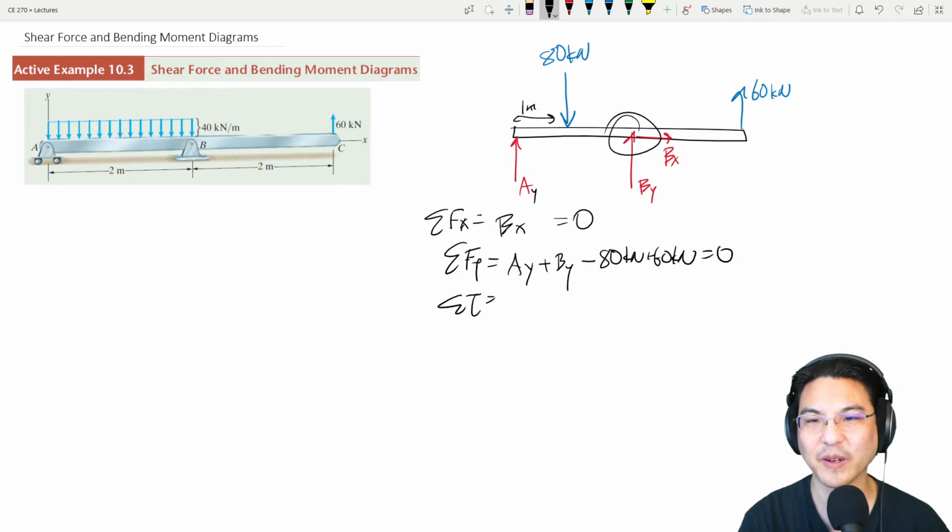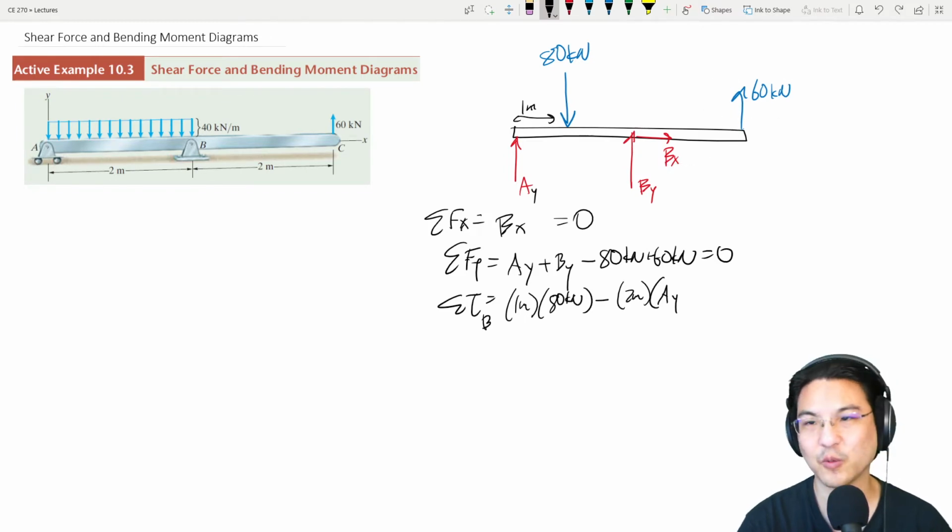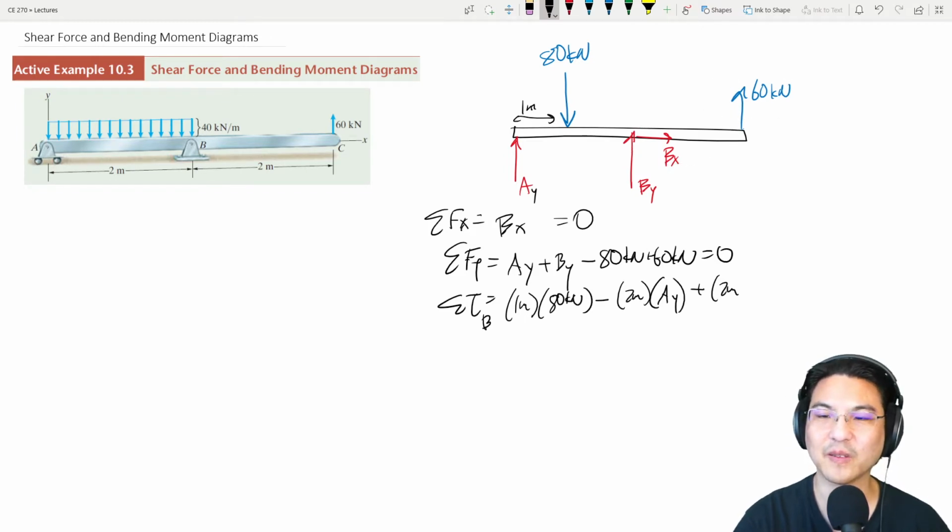How about over here, about point B. The lever arm to here is 1 meter, so 1 meter times 80 kilonewtons. The lever arm to AY is 2 meters, and that's going in the negative z direction, so minus 2 meters times AY. The lever arm to this is 2 meters plus 2 meters, times 60.